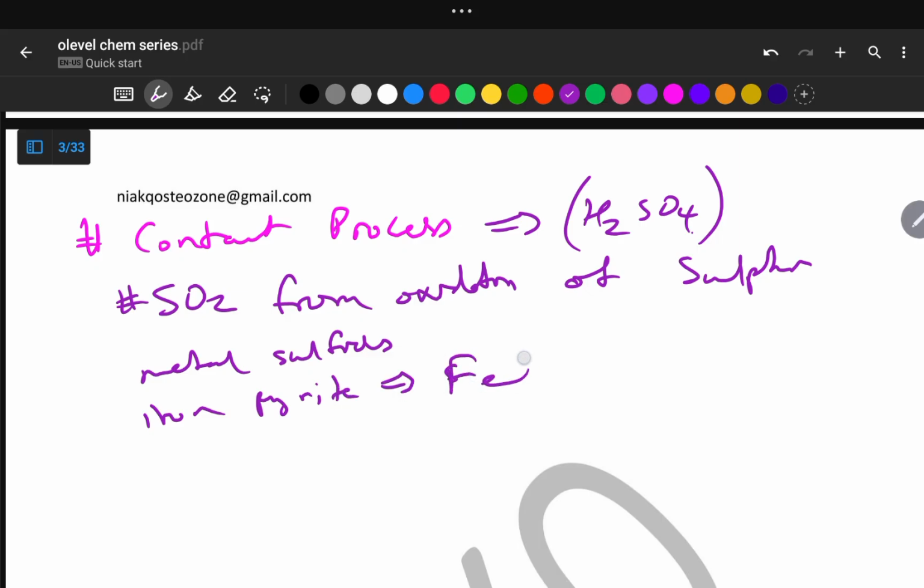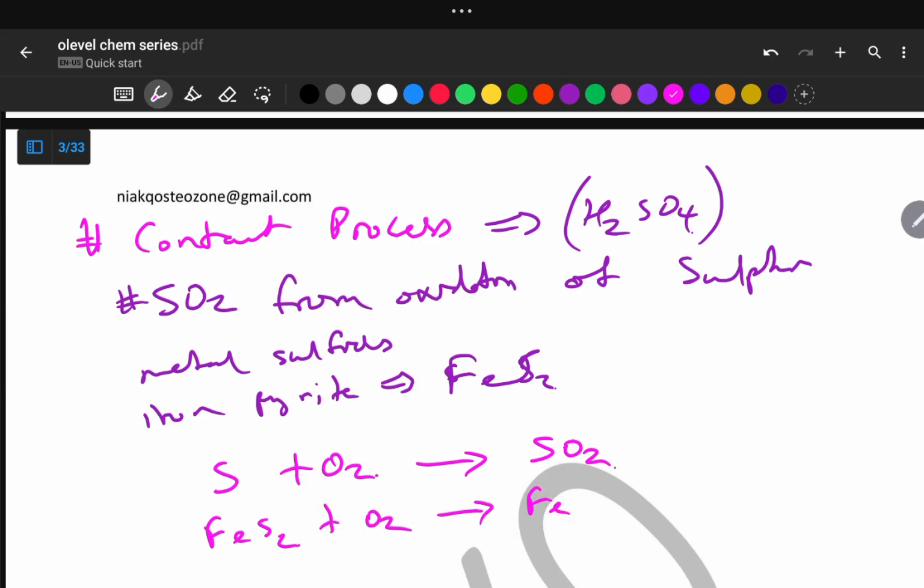For small scale, we simply react sulfur plus oxygen to have sulfur dioxide, and then we roast the iron pyrites plus oxygen to give iron(III) oxide plus sulfur dioxide.